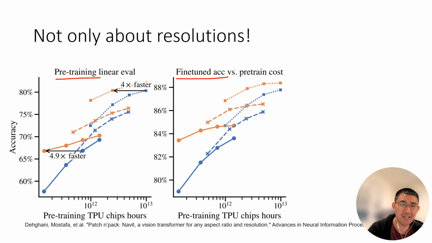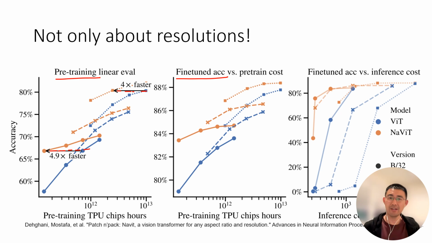You will see that at the same accuracy level, it's basically 4 to 5 times faster when you're packing multiple examples into one sequence versus just having a fixed sequence. And of course, this happens both in pre-training and fine-tuning. Or in other words, with the given cost, the model can be much more performant in the packed methods.